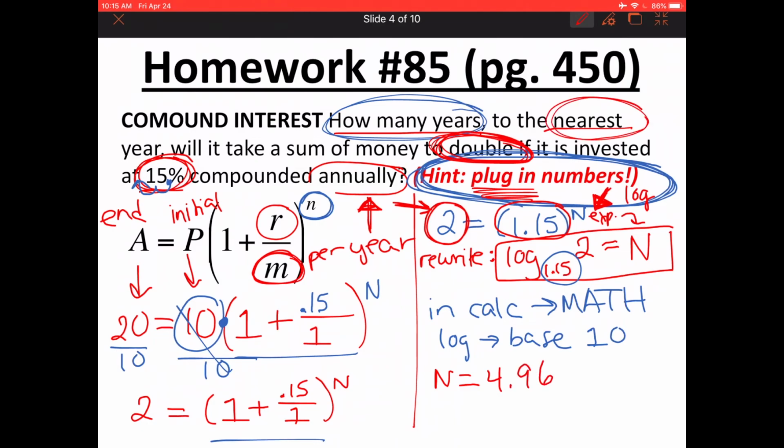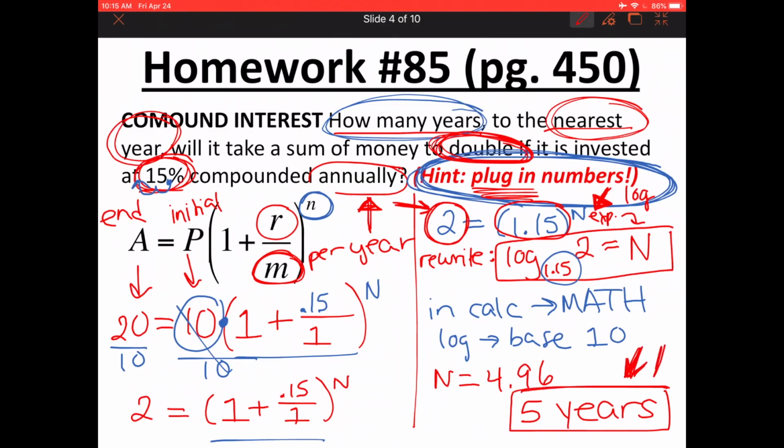Now the directions did say to the nearest year, okay, and it will show up this way on your test as well. So make sure that you actually tell me the final answer of 5 years, okay? Because 4.96 would round up, and so this would be your final answer to this question. Okay, guys? How many years will it take the money to double? It will take 5 years.